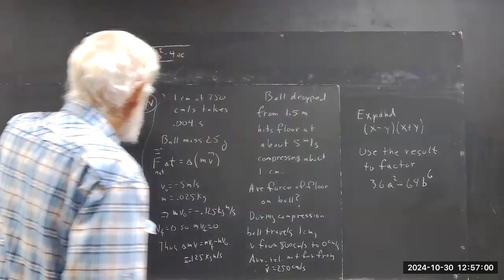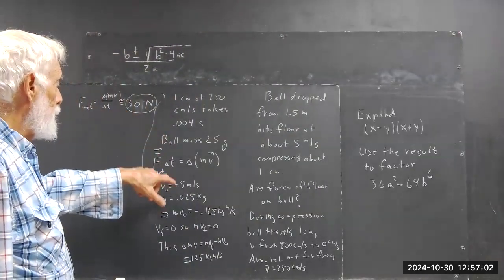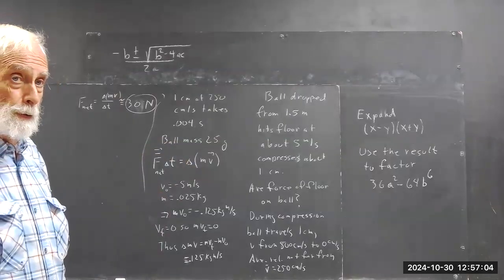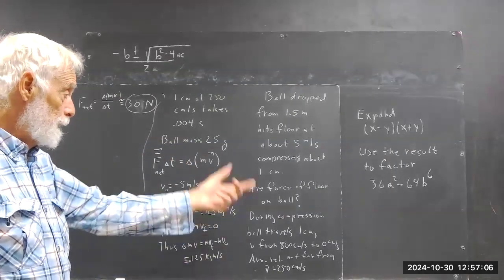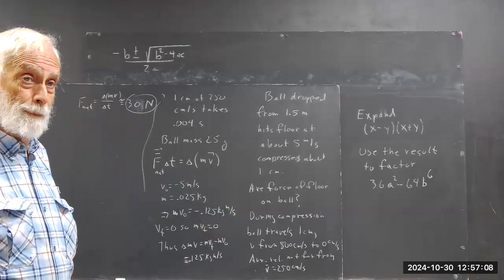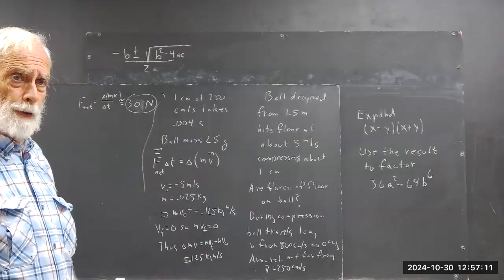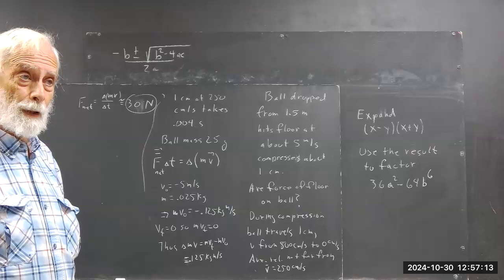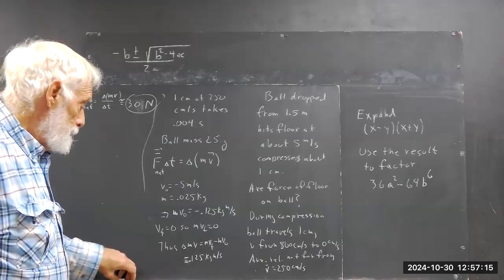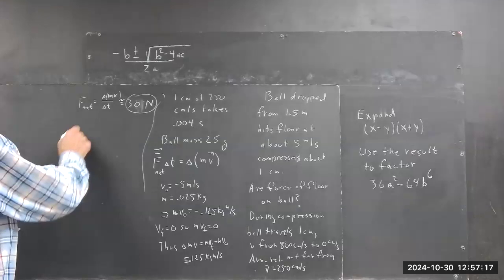Would a 30 newton force exerted through 1 centimeter displacement give you a velocity of 5 meters per second? Or do I have a decimal place off somewhere? Okay. So you can check.